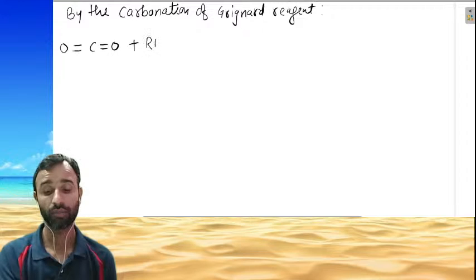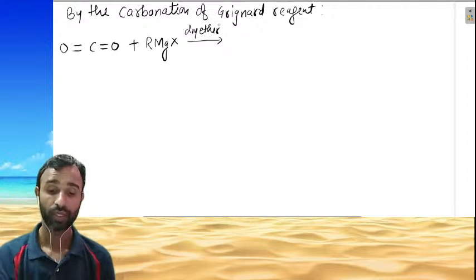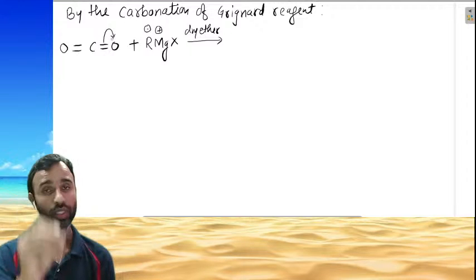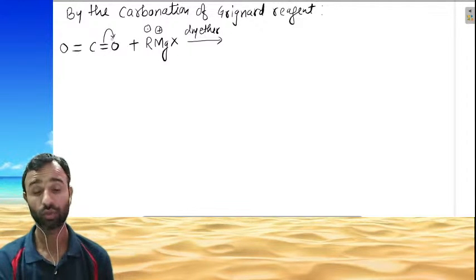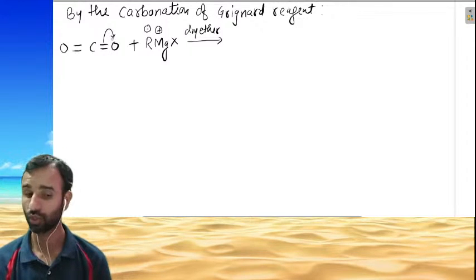Treat it with RMgX, Grignard reagent, which is always used in dry ether. So R is negative, MgX positive. Pi electron transfer towards oxygen. Oxygen gets negative charge, carbon gets positive charge.